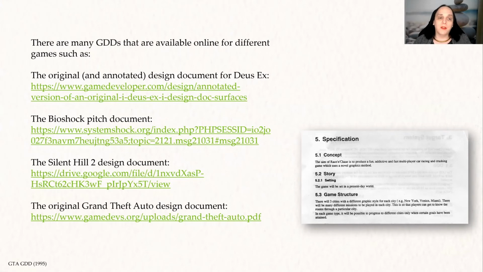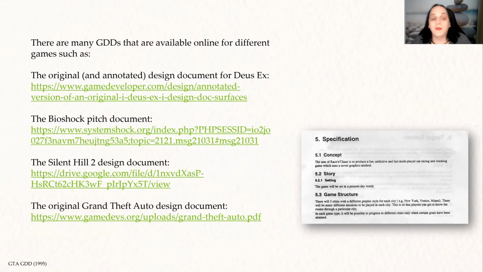Definitely worth a look are the original and annotated design document for Deus Ex, an incredibly complex role-playing game that not only features the original game design document online, but also features people having scribbled notes in the margins. And I'm a big fan of seeing documents that are literally amended by pen and ink. It's wonderful. The BioShock pitch document is very interesting.